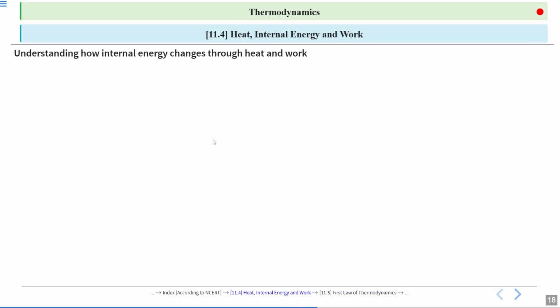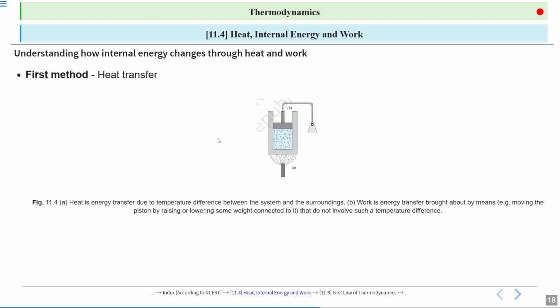So, understanding how internal energy changes through heat and work. The first method is heat transfer. The transfer of heat from one body to another due to a temperature difference. So place the cylinder in contact with a hotter body.